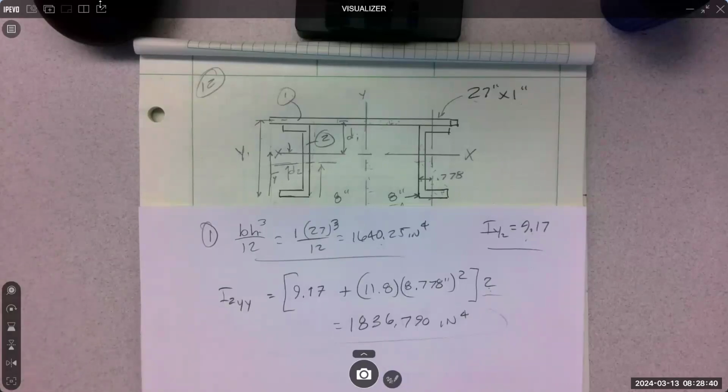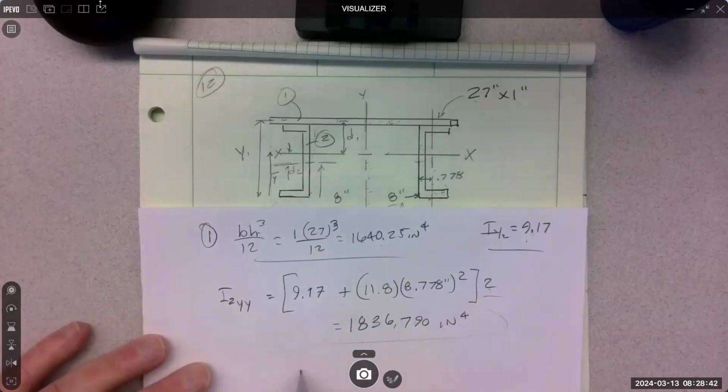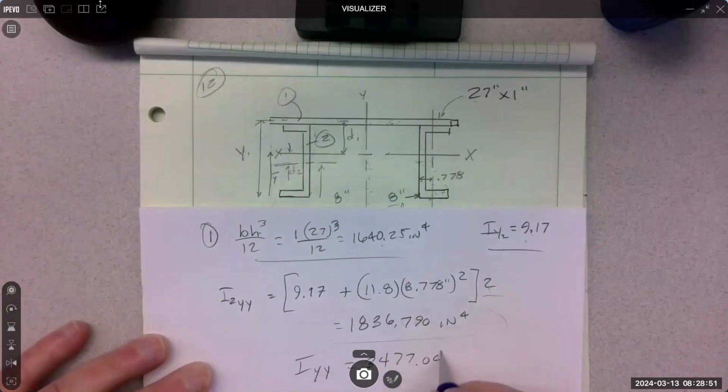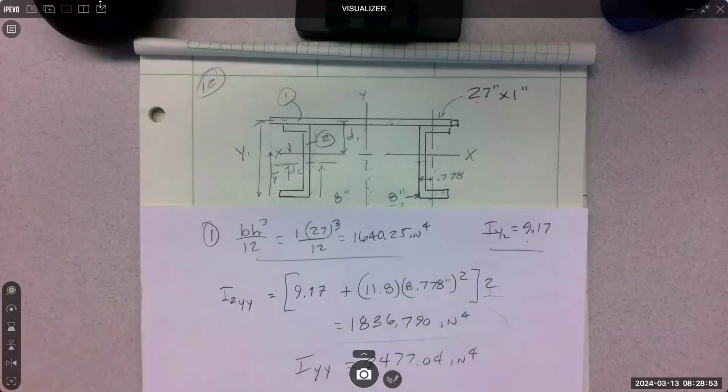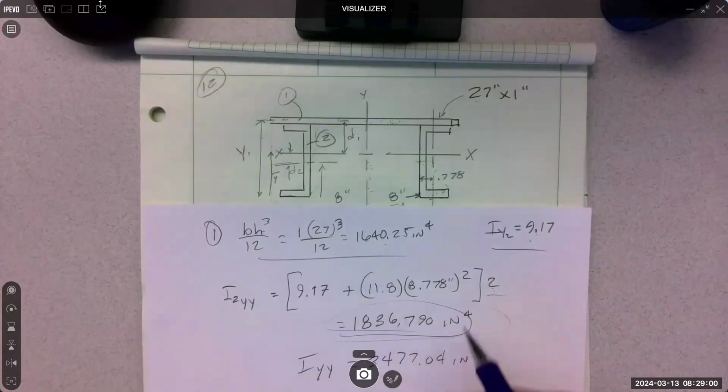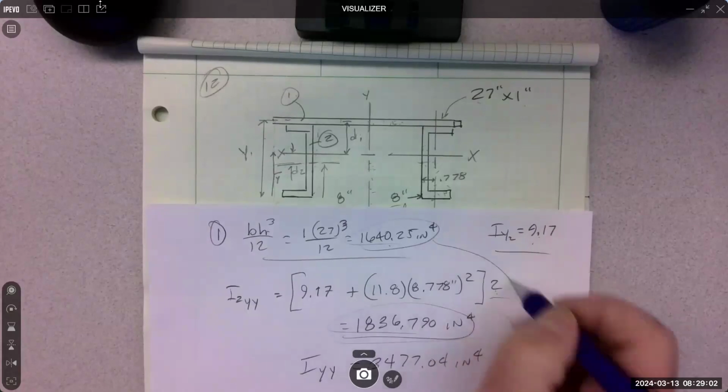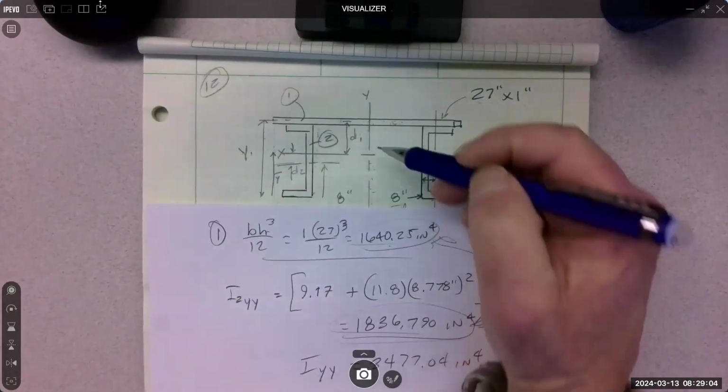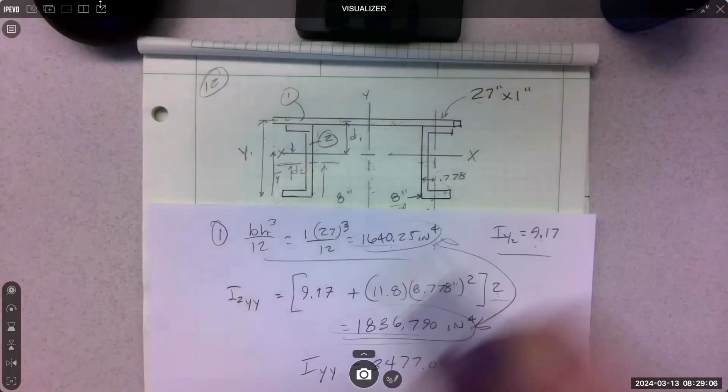I about the y total is 3477.04 inches to the fourth. What would you do? Just add this to the plate. Right, because now they're both here at the y-axis.